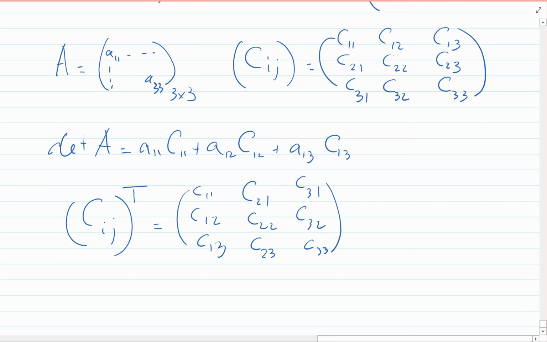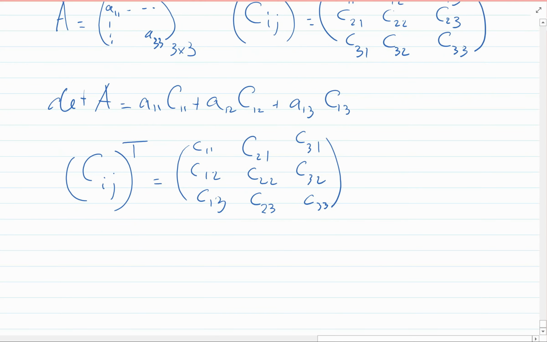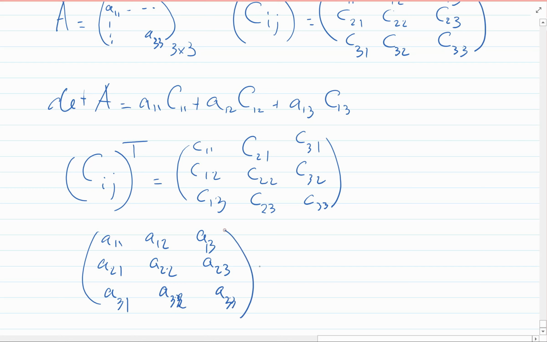Now what happens when I multiply A, which is A11, A12, A13, A21, A22, A23, A31, A32, A33, times this matrix?